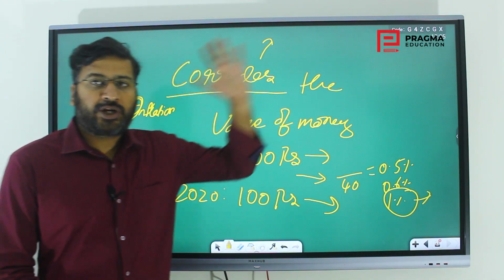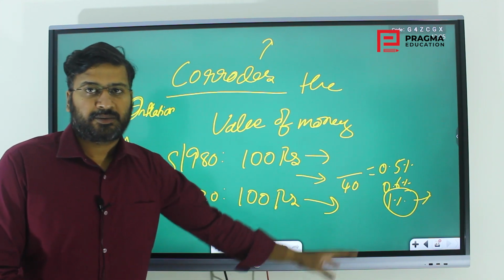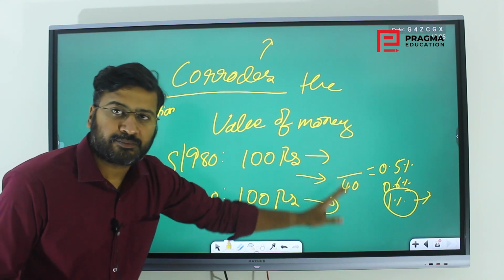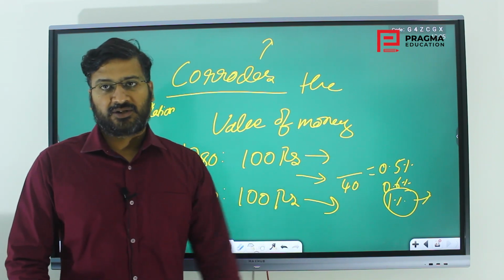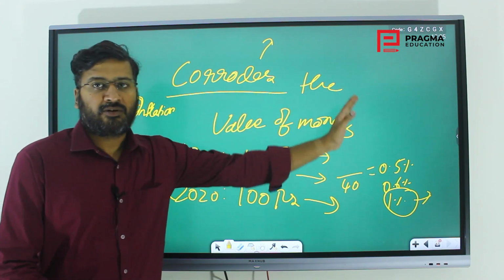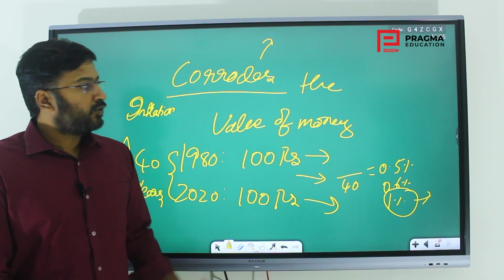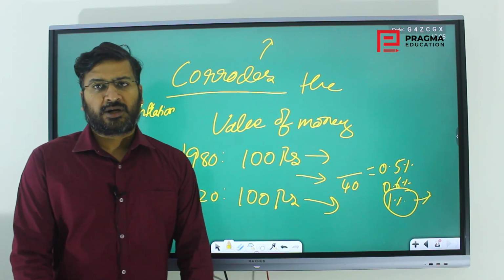And over 40 years, it would have lost some 200% or 300%. If you calculate for a fixed basket of goods and services, then you will arrive at that percentage also. So this is the corroding of the value of money. If inflation increases very sharply, then the value of money will fall very sharply.